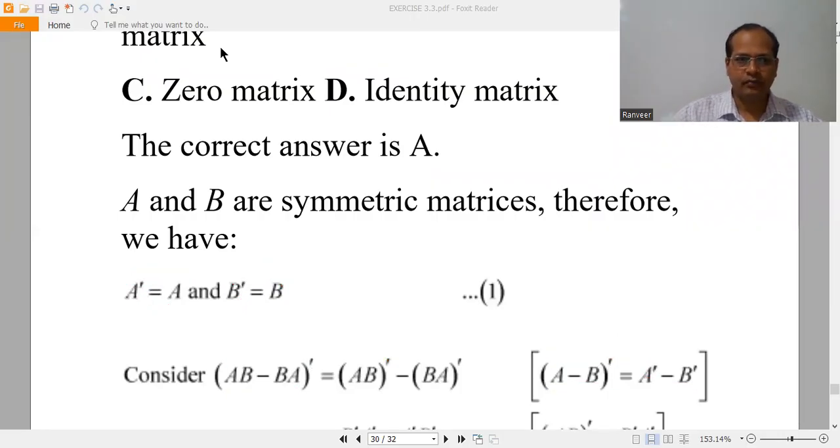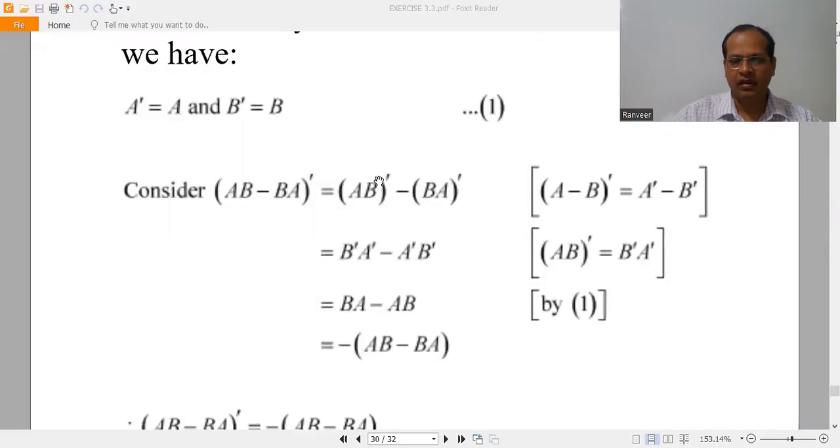Now here we have AB transpose minus BA transpose, and this is the second important thing: the transpose of a product is written in reverse order. AB transpose we write as B transpose A transpose, minus A transpose B transpose.